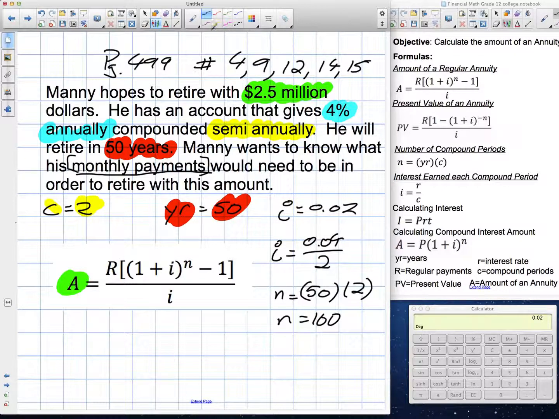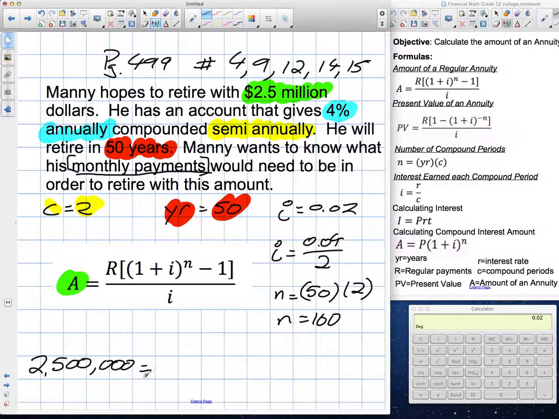Okay. So we have our amounts here. We're going to put them in the equation. Our amount is 2.5 million, so that's 2,500, 3 more zeros, is equal to regular payments. That's what his monthly payments are going to be. But in this question, we haven't done things by monthly. What have we done them by? Semi-annually.